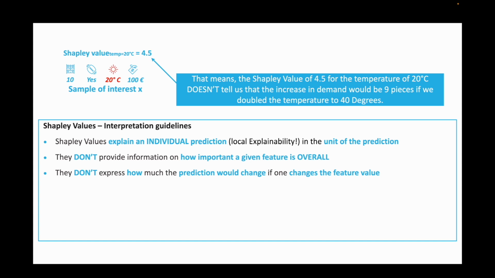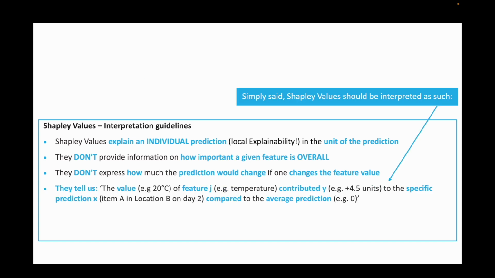That means the Shapley value of 4.5 for the temperature of 20 degrees Celsius does not tell us that the increase in demand would be 9 pieces if we doubled the temperature to 40 degrees. Simply said, Shapley values should be interpreted as such.